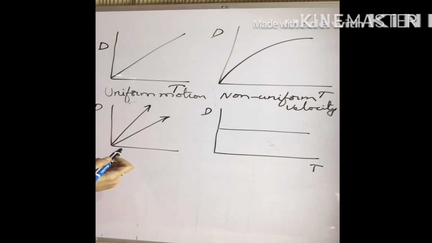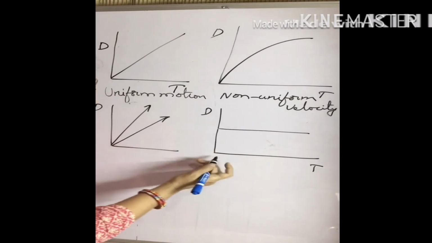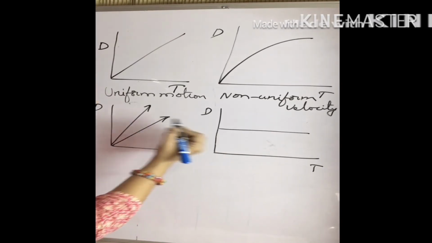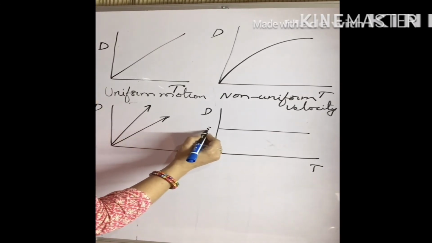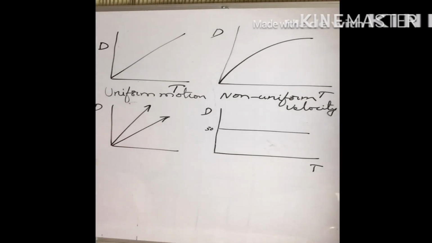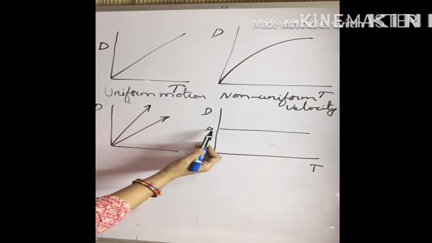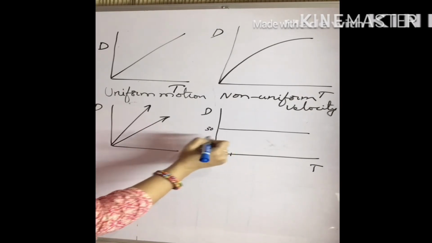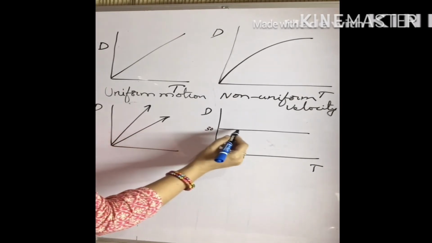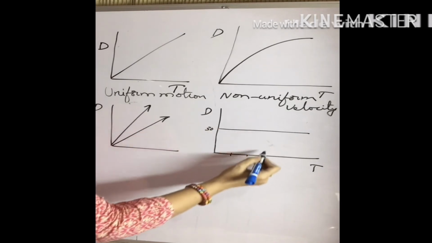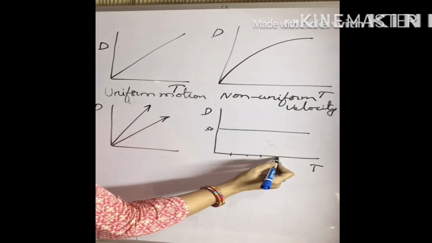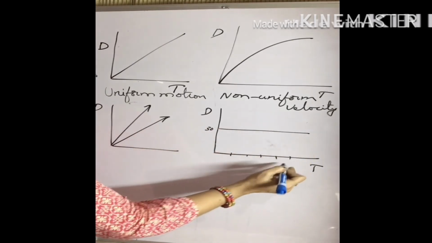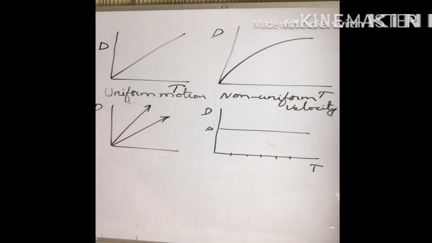You test yourself. Now, suppose this is 10, 20, 30 meters. Here the distance is, suppose, 30 meters. 30 meters in 10 seconds, 30 meters in 20 seconds, 30 meters in 30 seconds, 30 meters in 40 seconds, 30 meters in 50 seconds. What does it mean?